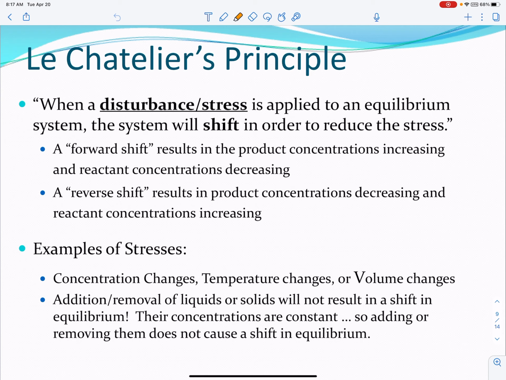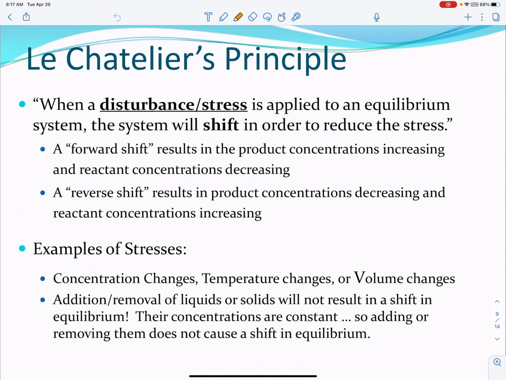So you'll have a higher concentration of gases or aqueous species. You'll have more grams, more moles, etc. A reverse shift, the opposite happens. In a reverse shift, things on the left side will increase in amount, while things on the right side will decrease in amount.